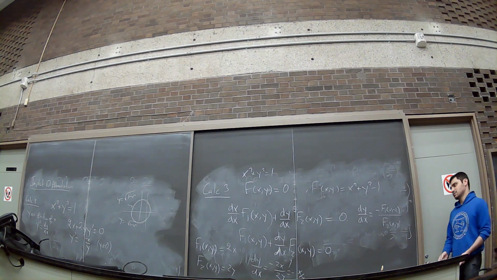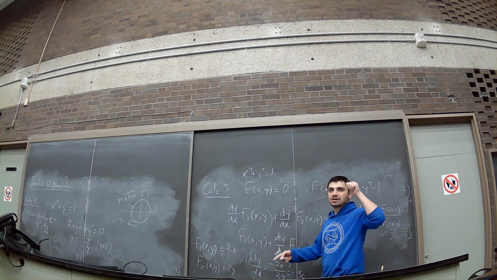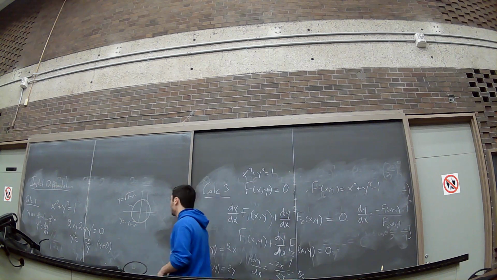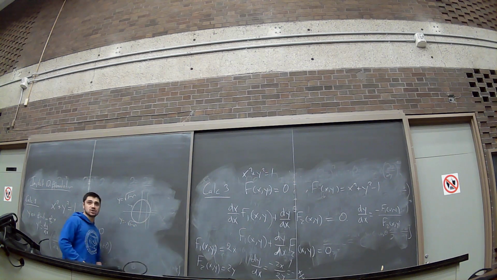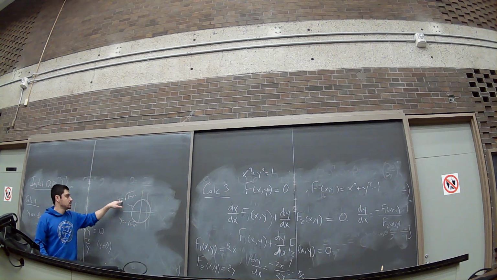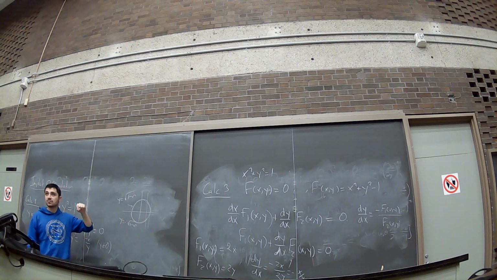I need y to be different than 0. If y is equal to 0, what can you say about the tangent here? It's a vertical tangent. And can you differentiate this function if y is equal to 0? So y is equal to 0 means x is equal to 1 or minus 1. Can you differentiate this function at 1 or minus 1? No, right? This function has no derivative at 1 or minus 1.